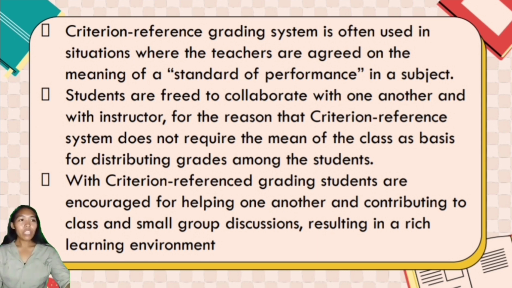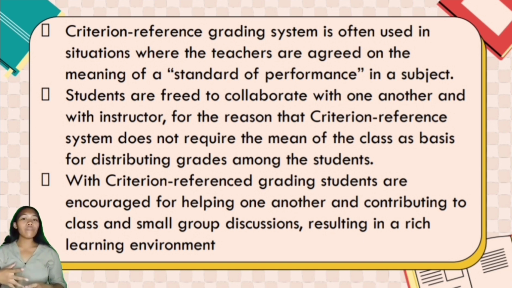Second, students are free to collaborate with one another, for the reason that the criterion reference system does not require the mean of the class as a basis for distributing grades among the students.